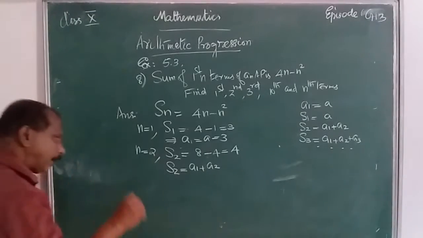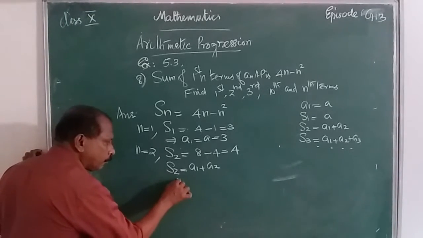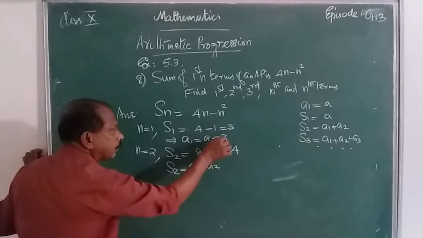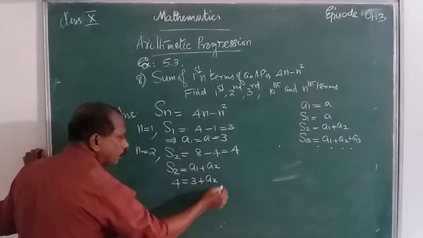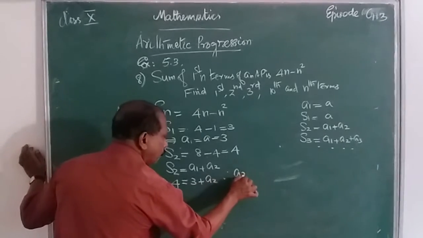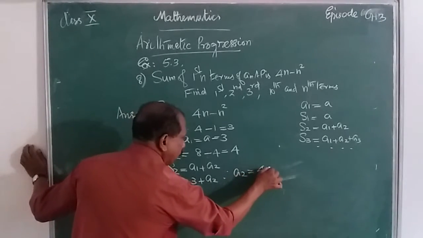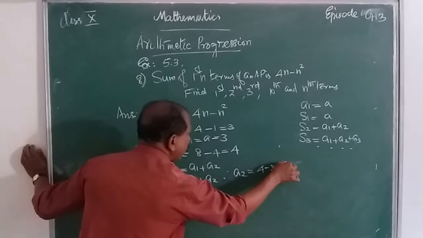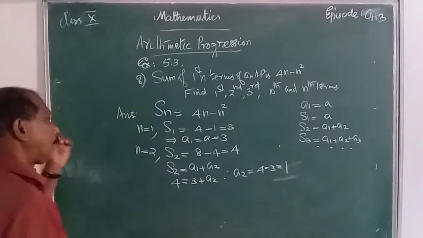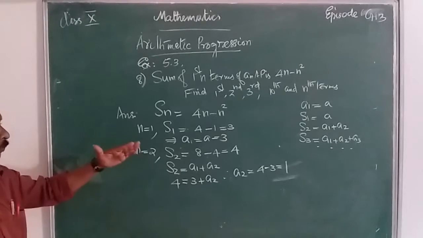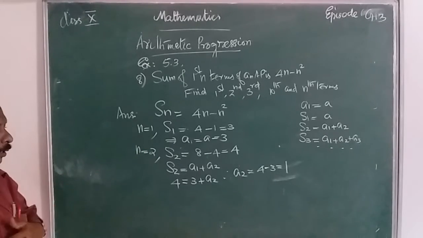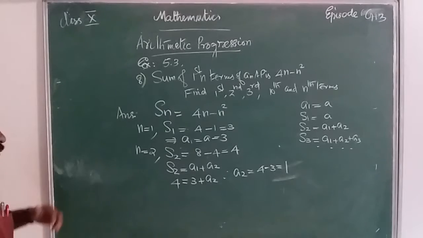Clear? That means S2 is 4, and A1 is 3, so 3 plus A2. Therefore, what is A2? 4 minus 3 is equal to 1. Clear? Therefore, first term is 3, second term is A2.